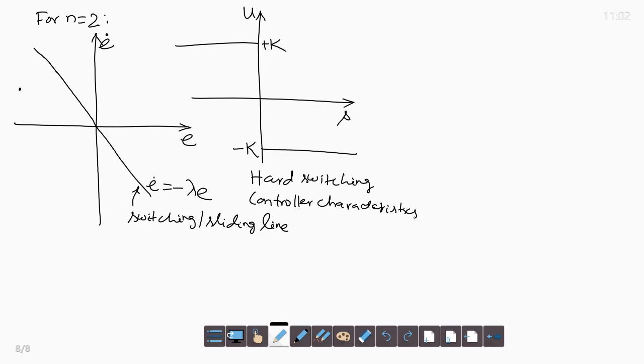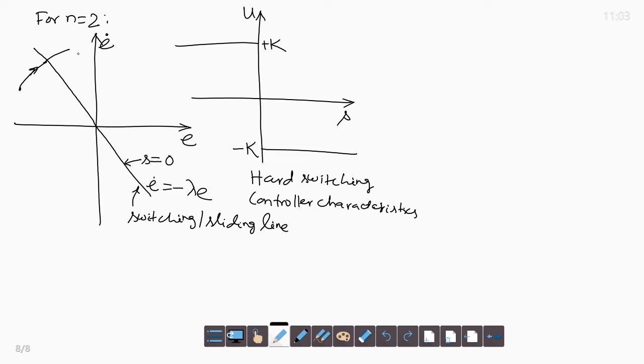With this hard switching controller, when the control input is applied at this point, this is also the line given by s equals 0. It will be attracted towards the switching line or switching surface like this. Once it reaches the sliding surface, because of the control action, there will be an overshoot. The overshoot will be less than the initial error.